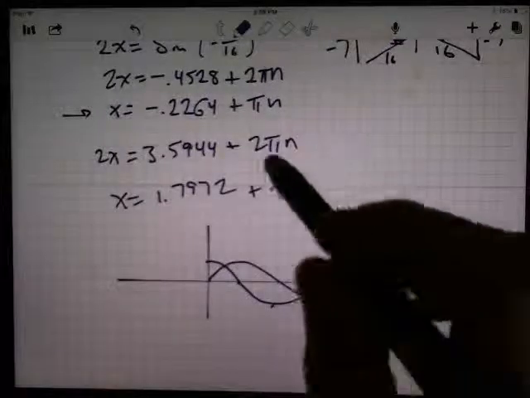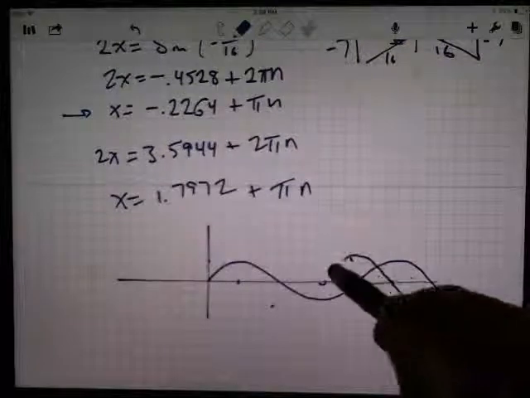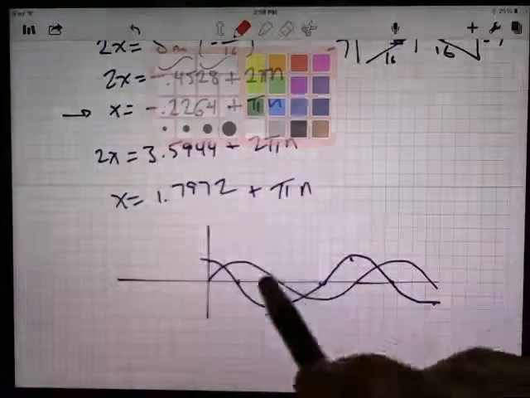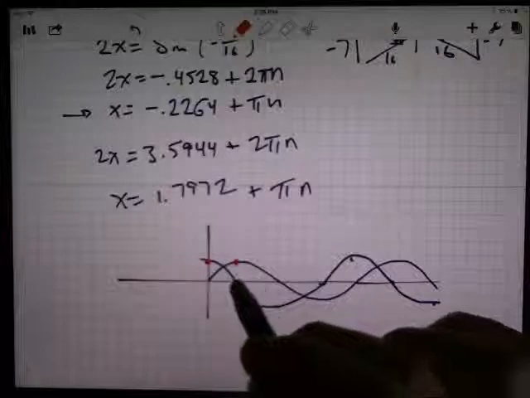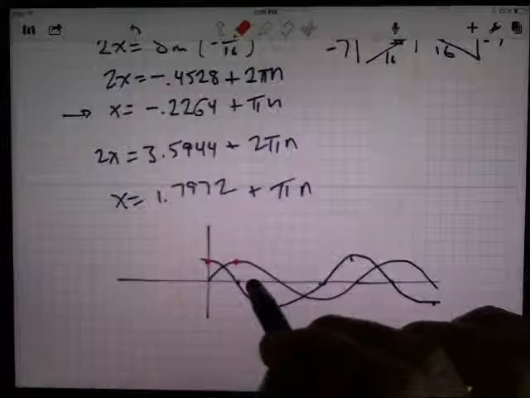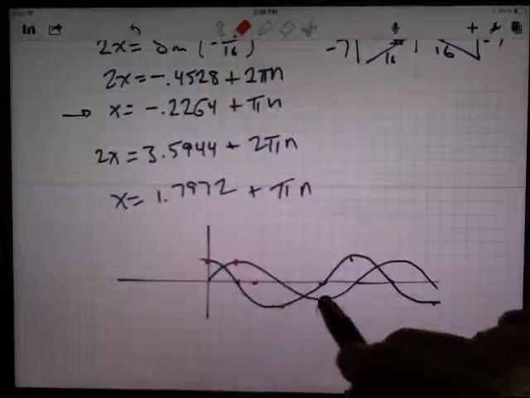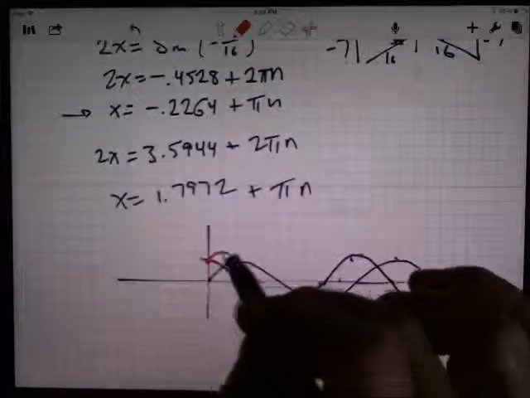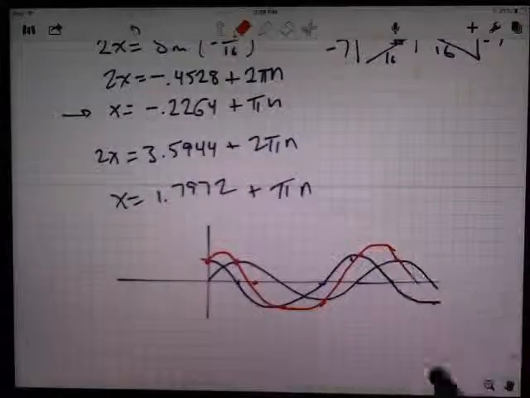Well, let me draw that cosine curve again. And I think about adding them together. Well, when you add, if either one of them is 0, then you're right smack dab on the other one. Where one of them is positive and one of them is negative, they're going to cancel out. This will be here, here, here. So this looks like this when you add them together.